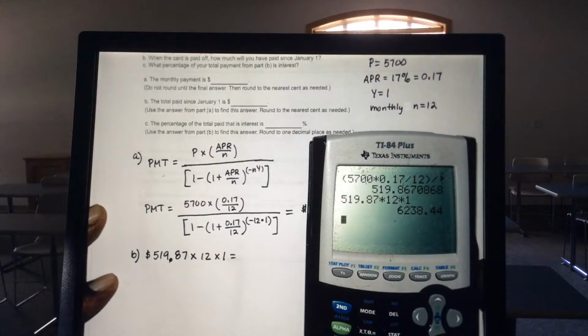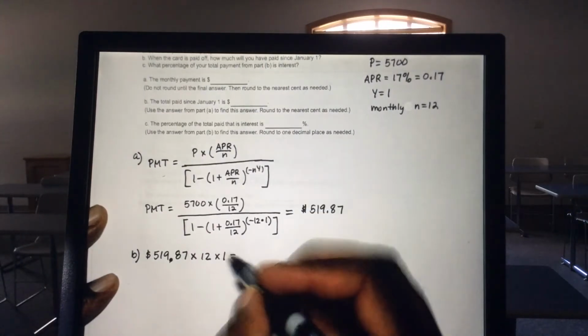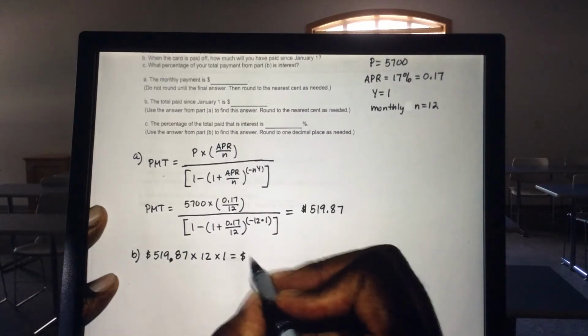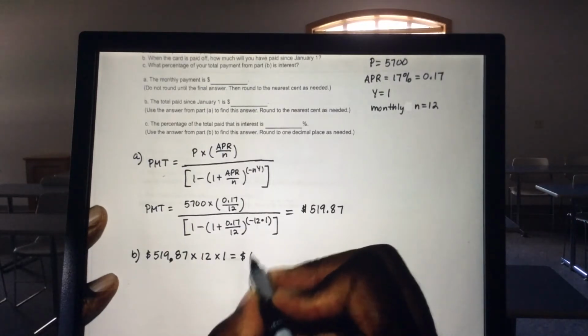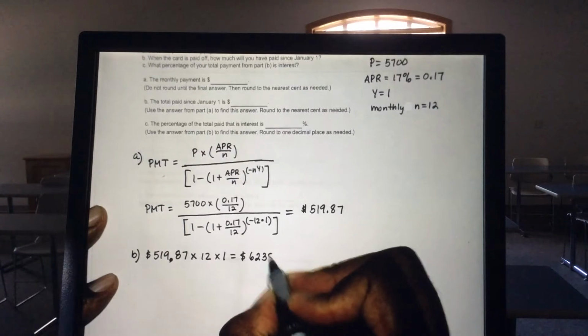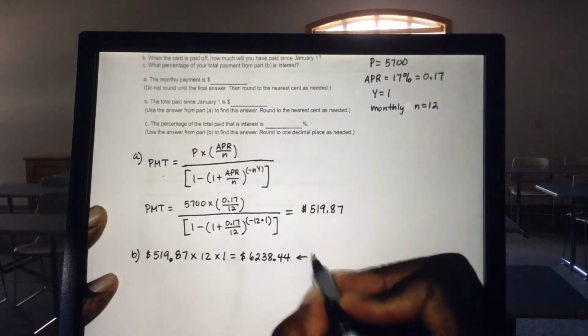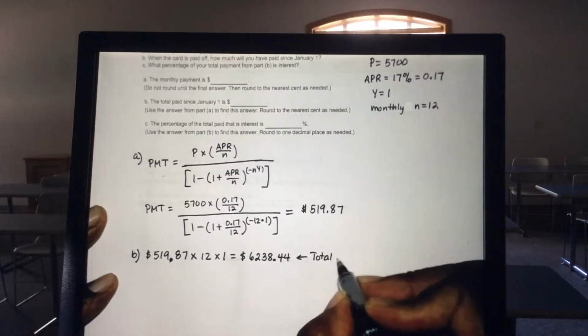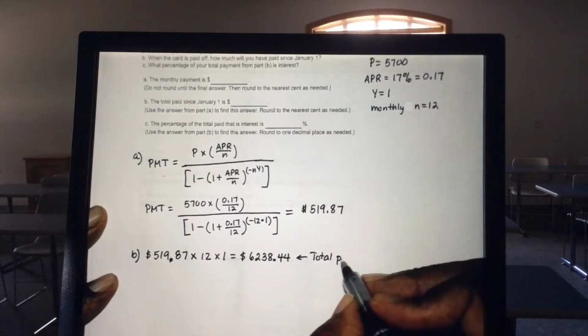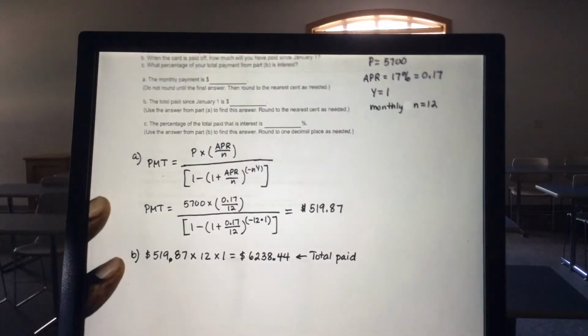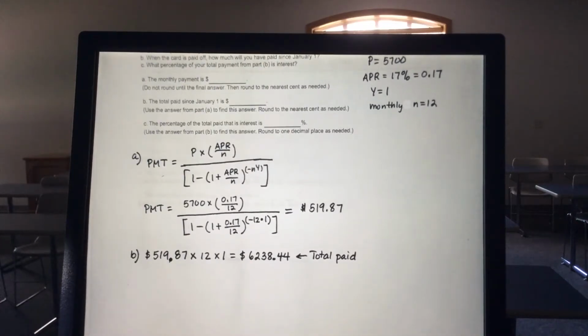You'll get $6,238.44. So the total paid since January 1st, assuming that you have not made any charges on that card, that'd be $6,238.44. That's the total paid.